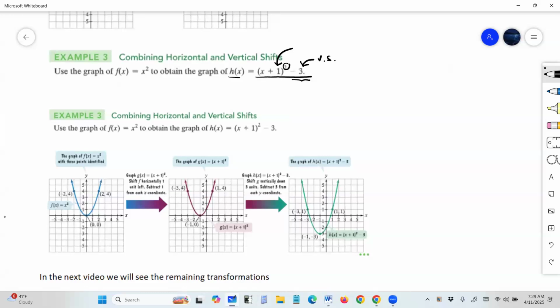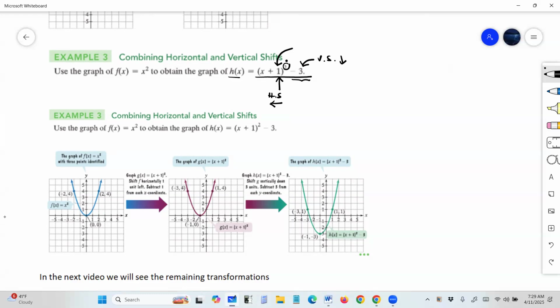Because it's negative, it's a shift down by 3 units. The plus 1 is being affected by the function, so it's a horizontal shift, 1 unit to the right. I'm sorry, left. Here's my arrow to the left.